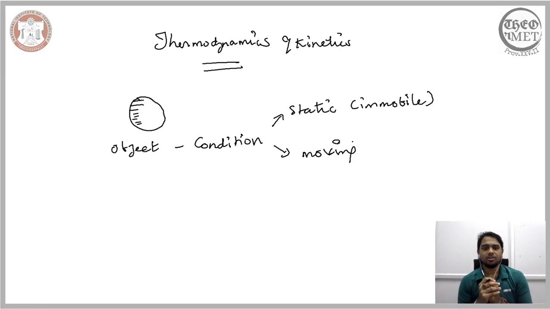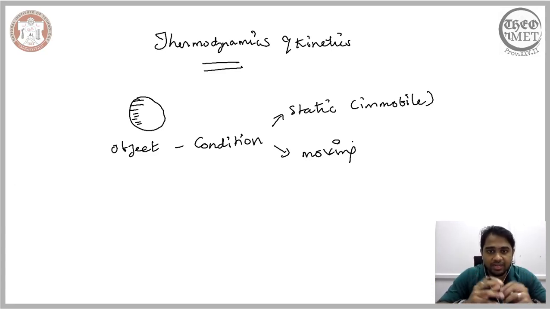Now, when you consider an object and you have a condition associated with it, if this condition is static, then we need certain parameters to define or describe this condition.